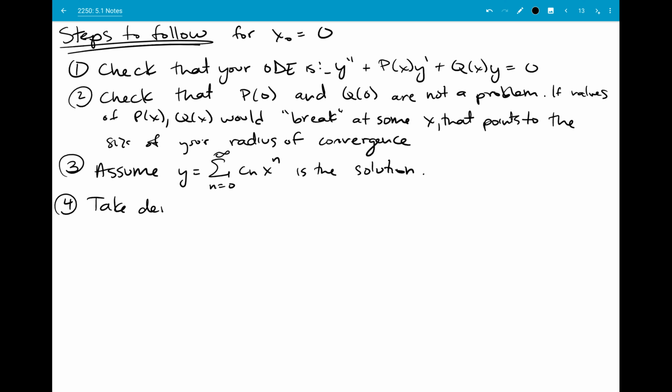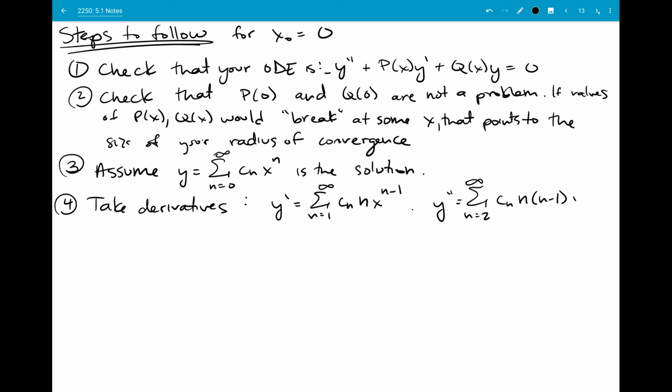Take derivatives of that solution. So you'll have y prime from n equals 1 to infinity, cn times n, x to the n minus 1, and y double prime is the sum from n equals 2 to infinity, cn times n times n minus 1, x to the n minus 2.